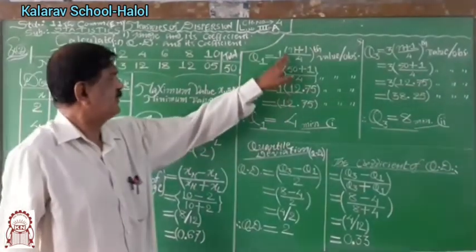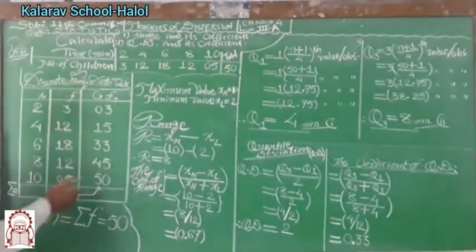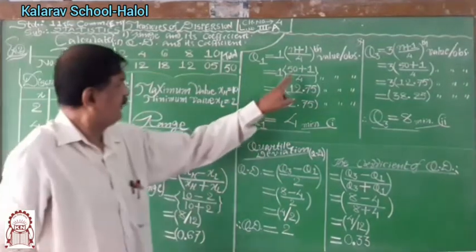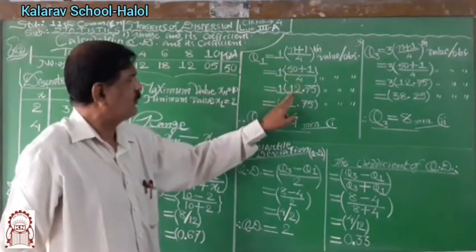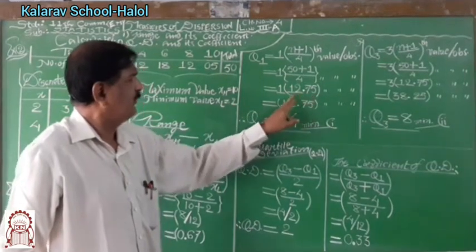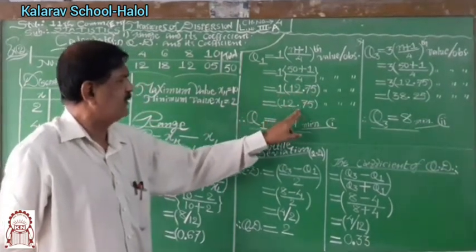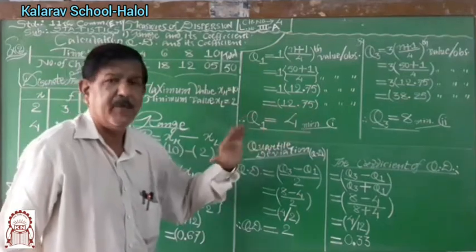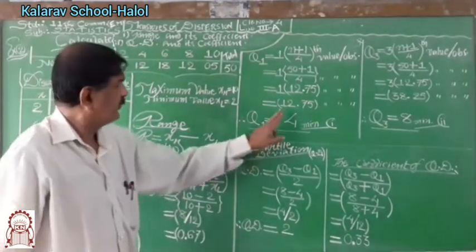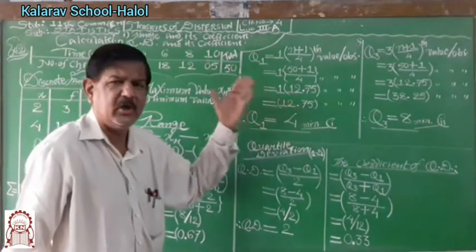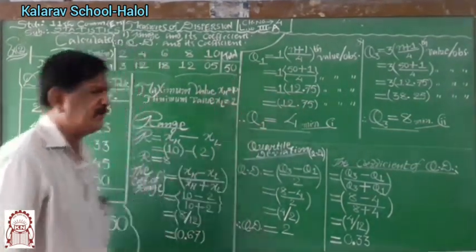Now, n means frequency total. Frequency total is 50. 50 plus 1 upon 4, 51 upon 4 means 12.75. 12.75 into 1 means 12.75. This is not the value of Q1, but the measurement will decide the value of Q1. See this 12.75 in the column of cumulative frequency.